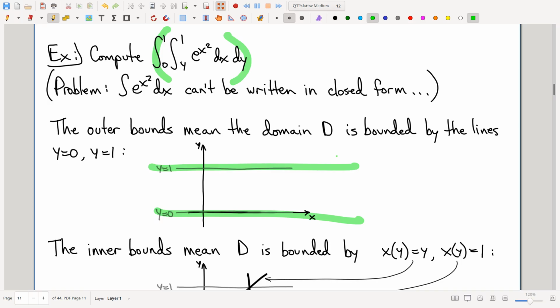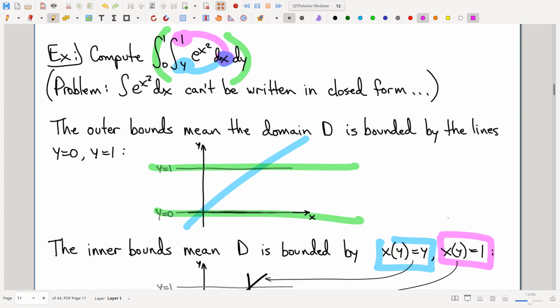Okay. Let's see here. What is the lower bound for x? The lower bound for x, I can see it right here. I solved for x and got x equals y. That means the equation for my lower bound curve is x equals y, which is that. And then my upper bound curve, well, I got x equals 1, which is what I got when I solved for x in that equation. x equals 1, which looks like that.